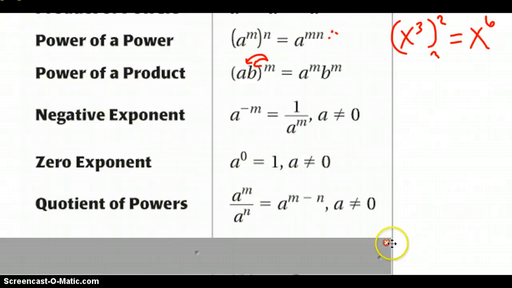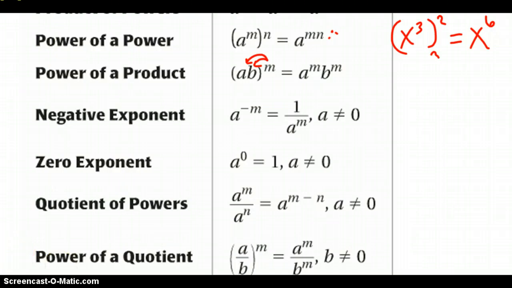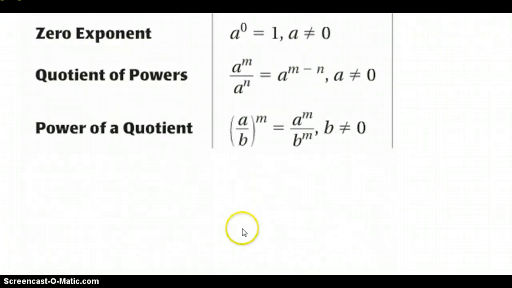The last one is when you have the two different letters and it's raised to a power, you need to distribute that exponent to both the top and the bottom, the numerator and the denominator.